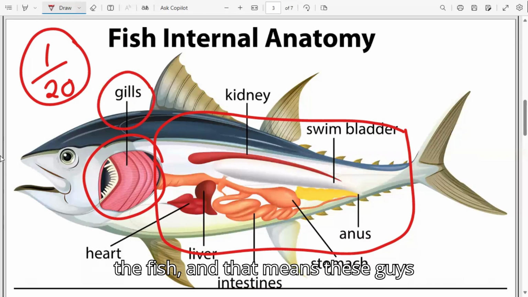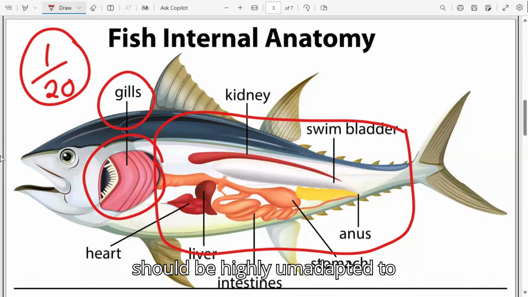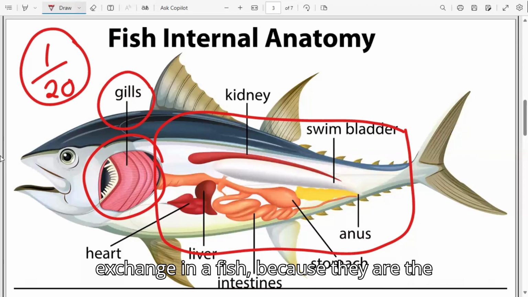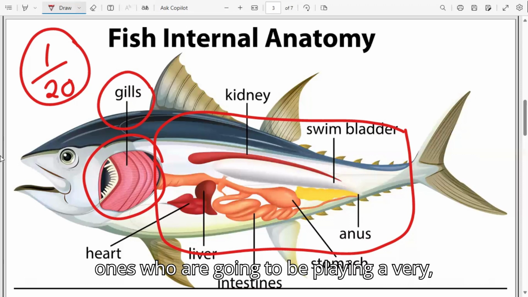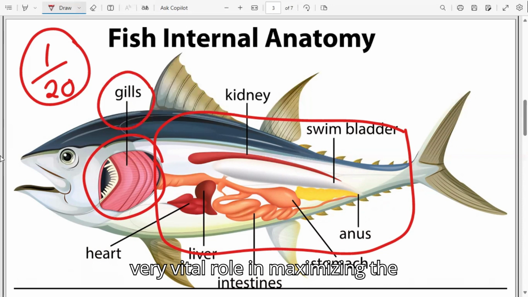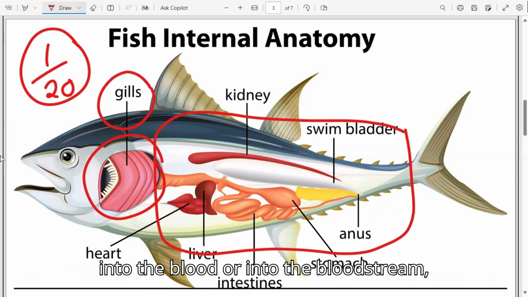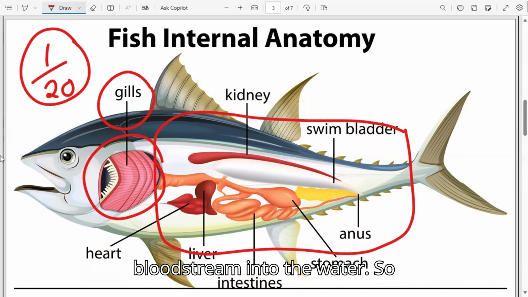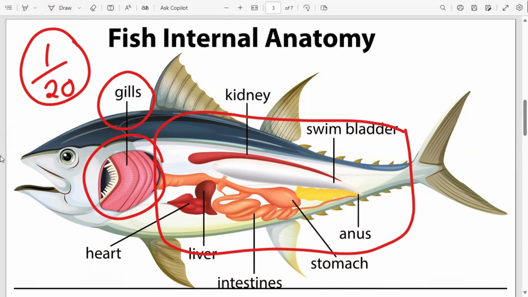That means they should be highly adapted to this process, because they play a very vital role in maximizing the intake of oxygen from the water into the bloodstream, and also the carbon dioxide from the bloodstream into the water. So let's look at the structure of the gill itself.